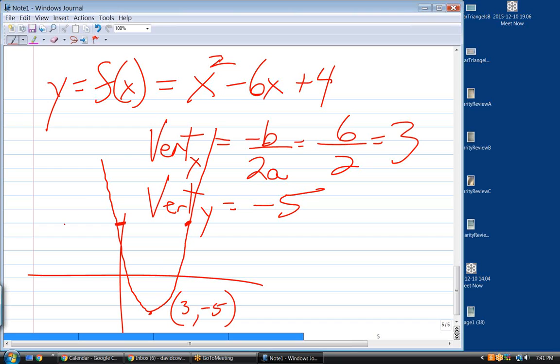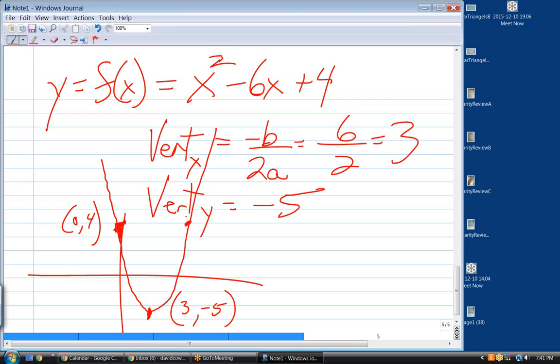This point right here is 0, 4. I know the y-intercept because it's always the constant. Okay, so then that's going to be 3, 4? No, 3 is right here. Oh, 4, 4? 6. Why is it? I didn't draw it quite right. This parabola is supposed to go through that point right there.